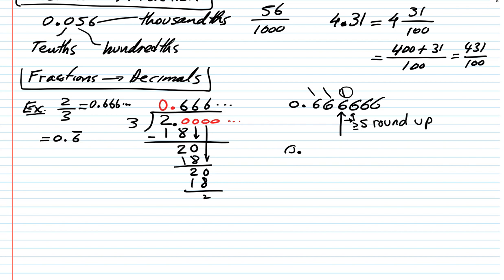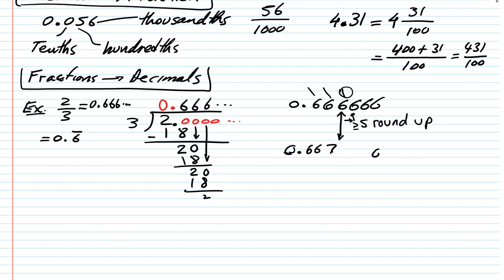So this is going to be 0.66, and that's going to be rounded up to a 7. And you turn all these other digits into 0, which we don't write, so I'm just going to erase them. Therefore, rounded to the nearest thousandths, the number is 0.667.